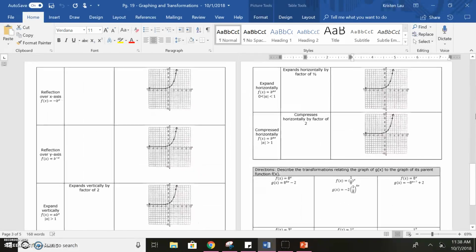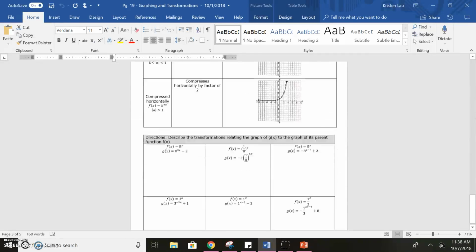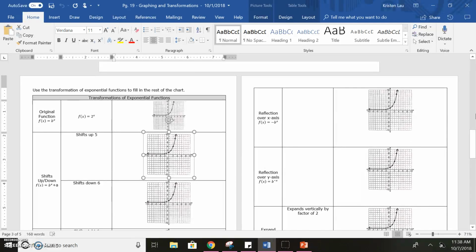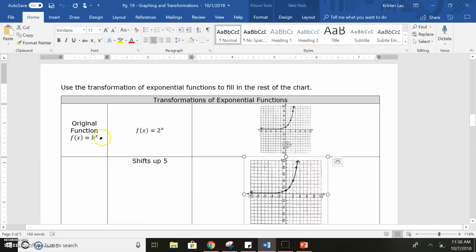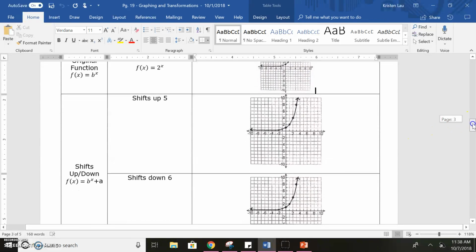So my original function, sorry, I was trying to kind of zoom in and it kind of went a little crazy on me. My original function is f of x equals b to the x power, and my example is 2 to the x power, so that is the picture on my graph. And then for transformations, when it shifts up or down, f of x equals b to the x plus a.